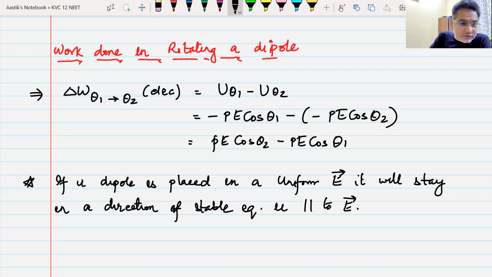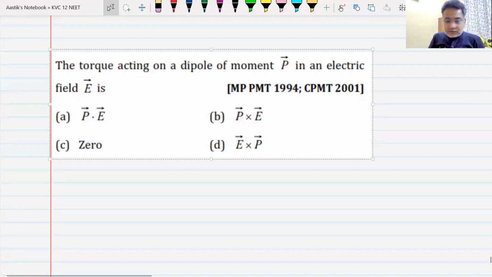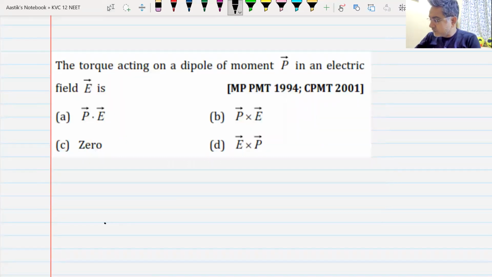Okay, now we'll try to do some problems on this. Has anyone noted down the formulae? Yes, sir. Okay, this is the first question. The torque which is acting on a dipole moment P in an electric field E is given by which formula?